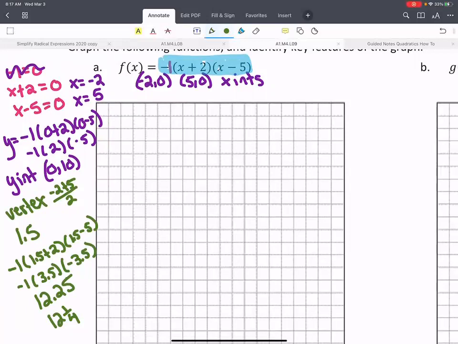Because 0.25 is 1/4. But we started in that. I know. So why is it in four? Use your calculator. Do -3.5 times -3.5. What do you get? 12.25, which is 12 and 1/4.